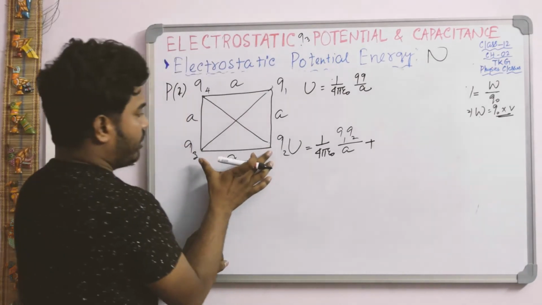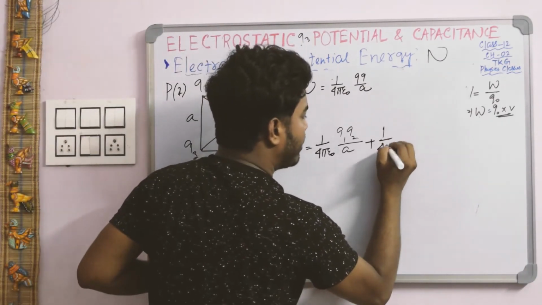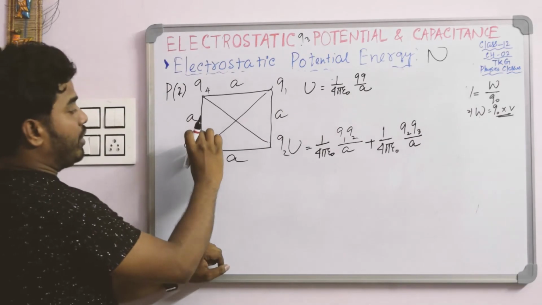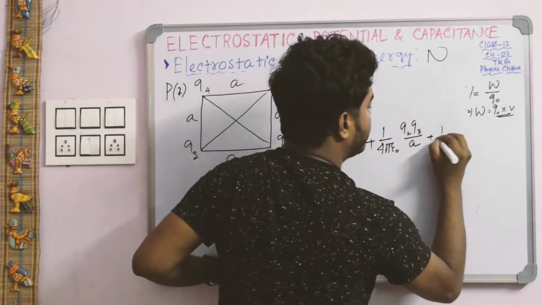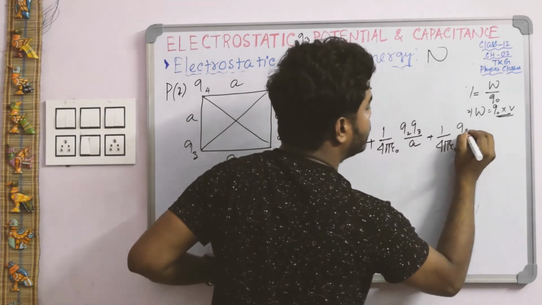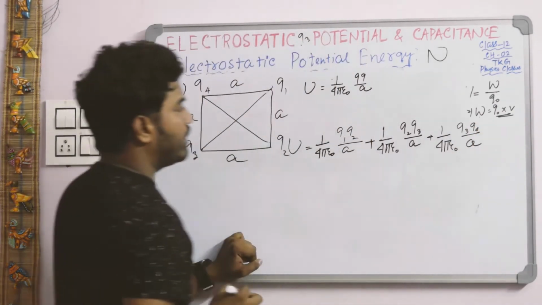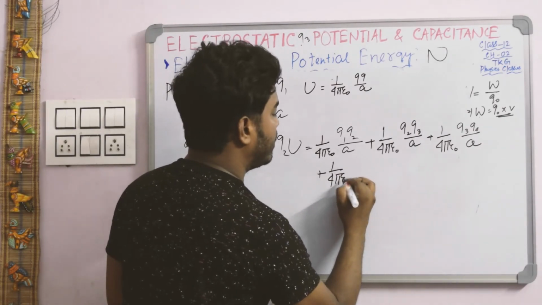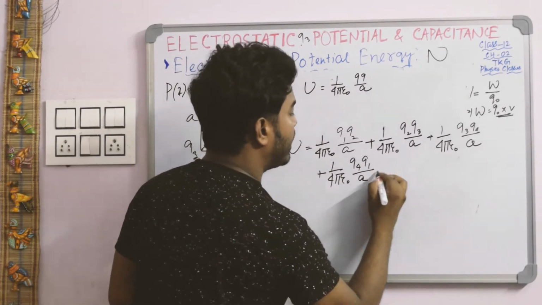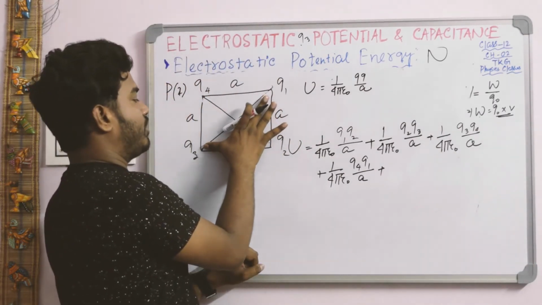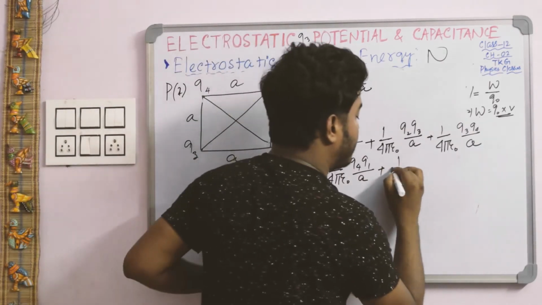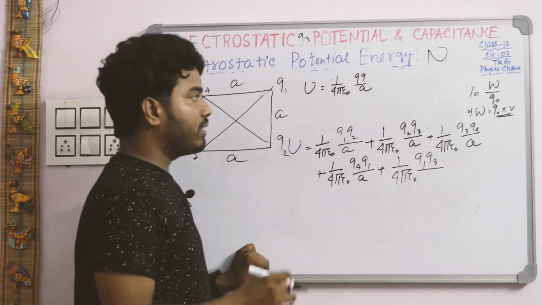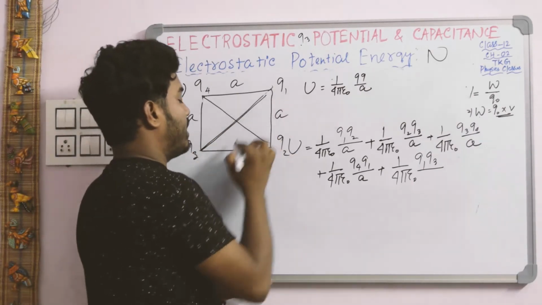Now for Q2, Q3, that is 1 by 4 pi epsilon naught Q2 Q3 divided by A. Now Q3, Q4, that is 1 by 4 pi epsilon naught Q3 Q4 divided by A. Now Q4, Q1, that is 1 by 4 pi epsilon naught Q4 Q1 divided by A, plus this diagonal part Q1 and Q3, that is 1 by 4 pi epsilon naught Q1 Q3, and what is the separation here? Not A, this is the diagonal part.